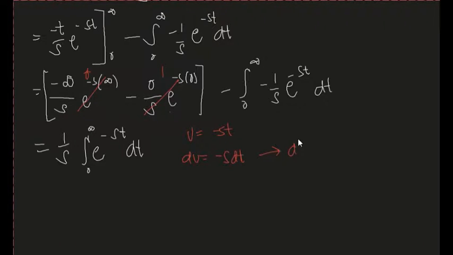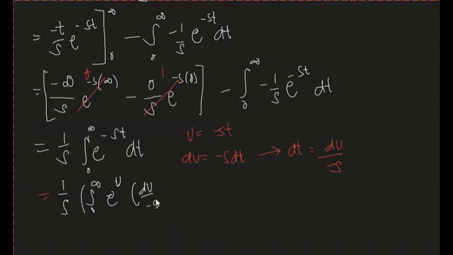So dt will be equal to du over negative s. So in our equation, we will have 1 over s, then the integral from 0 to infinity of e raised to u multiplied by du over negative s.